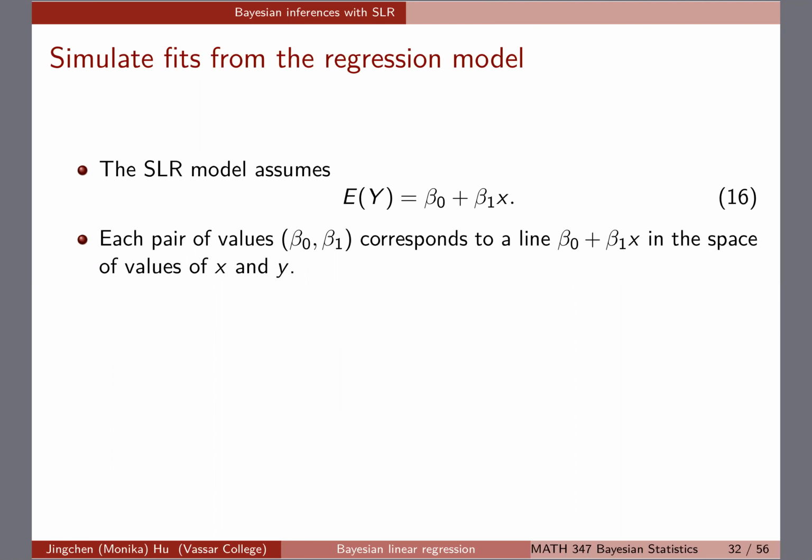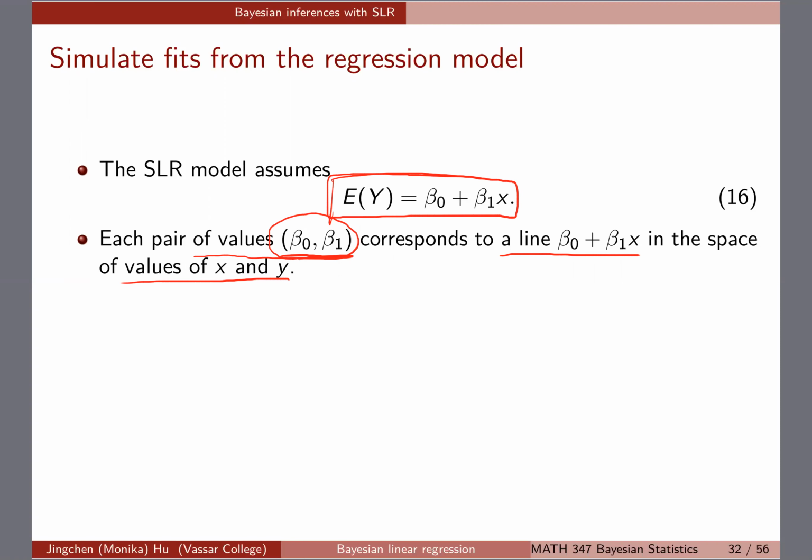So if you look at equation 16, you can think about each pair of beta 0 and beta 1 as corresponding to a line in the space of x and y, right? This is the relationship between x and y. Remember the fits that we had before: 5,000 draws for each of the parameters, right?